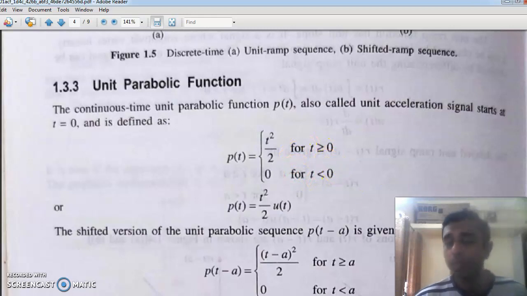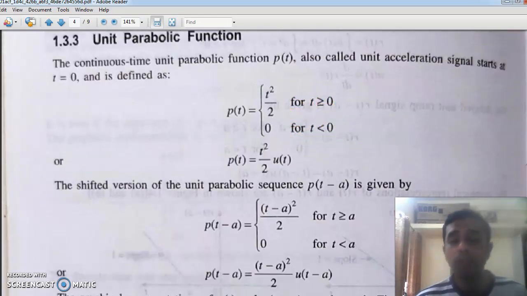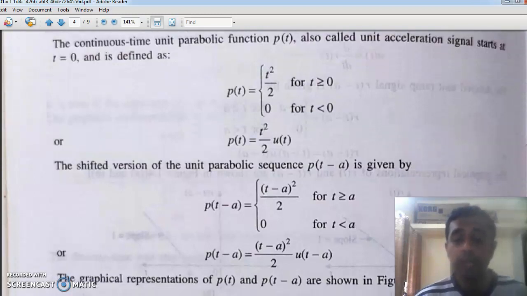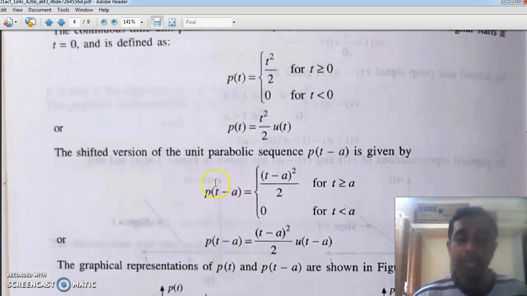If I want to delay the parabolic function by a seconds, then p of t minus a: the argument t is replaced by t minus a. Wherever t is there, we replace t by t minus a, so it is t minus a the whole square by 2.